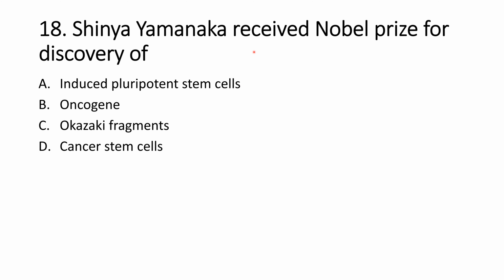Shinya Yamanaka received the Nobel Prize for the discovery of: option A, induced pluripotent stem cells; option B, oncogene; option C, Okazaki fragments; option D, cancer stem cells. Option A is the correct answer, that is induced pluripotent stem cells. We'll see who this Shinya Yamanaka is.